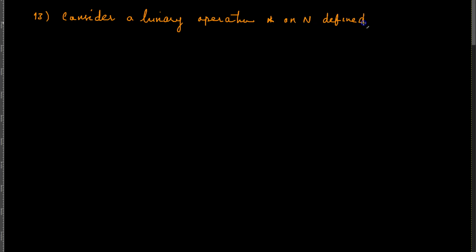So basically, question number 13 is: consider a binary operation star on N defined as A star B is the same thing as A cube plus B cube.